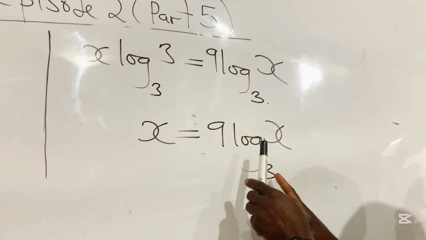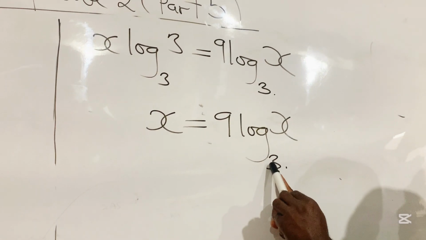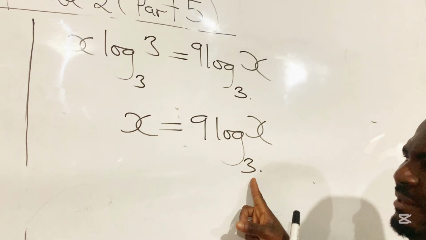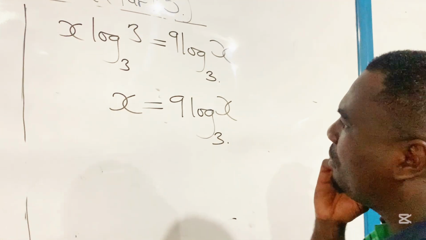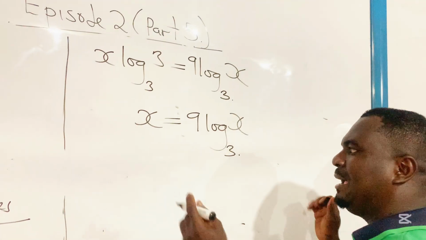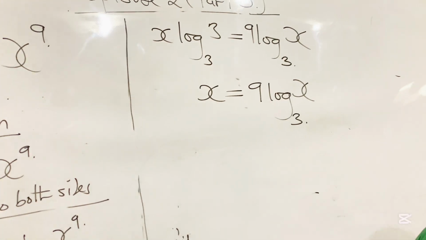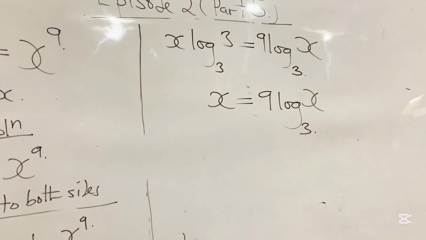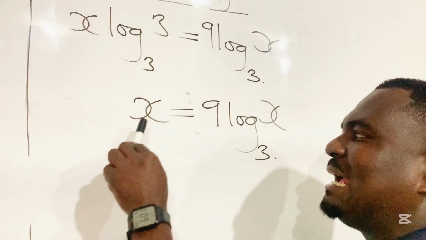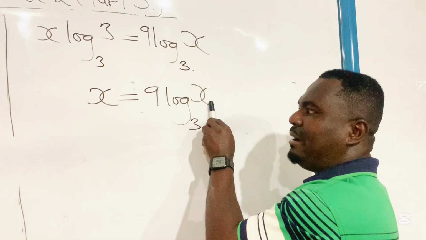But watch here. With this one, the log number is not the same as the base. So in that case, the property is not working here. So how do we solve for our x here? But remember, on both sides of the equation, you could see that x is on your left side and x is on your right side of the equation.